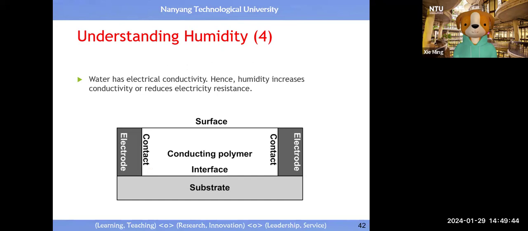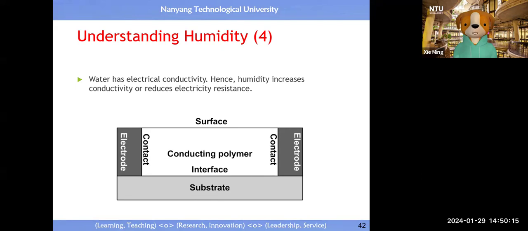Now, since we know the nature of humidity is related to the presence of water vapor in air, this understanding actually helps us come out with a solution to convert the percentage of water vapor present in air into something related to an electric quantity such as capacitance or resistance.